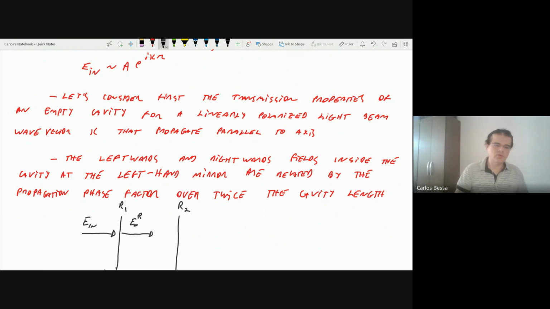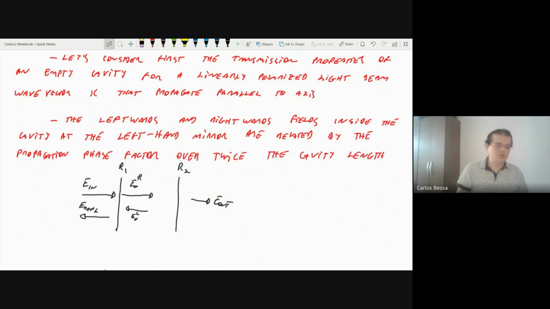And one part will be reflected, E reflected. Then this light comes here, finds the R2 mirror, and you have another wave traveling to the left, E0 left. And here is E out, the part that was transmitted.